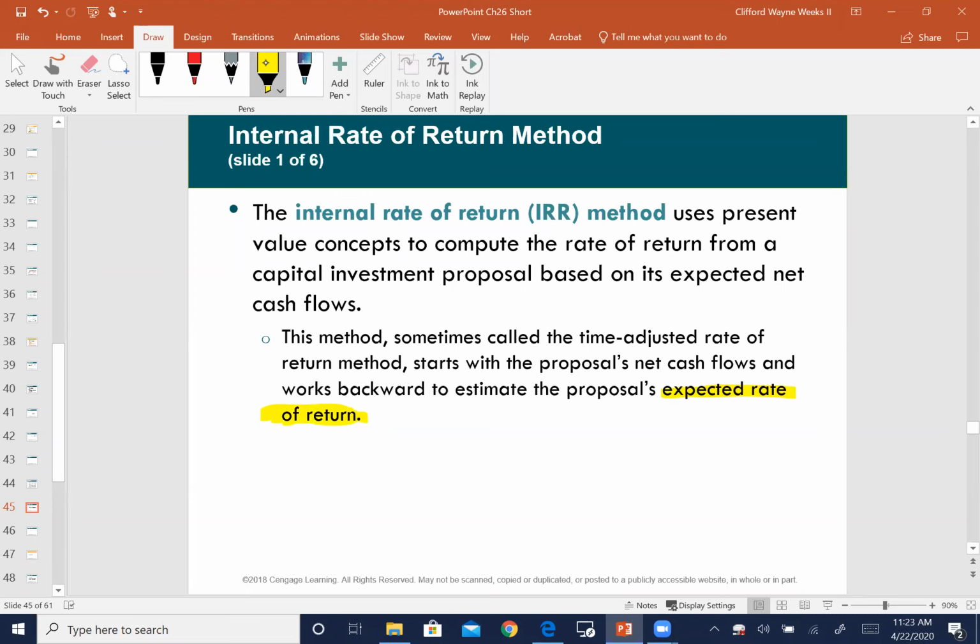We're going to know the present value and N, but we're not going to know I. So we're trying to figure out what the interest rate is, knowing that the present value and the cash flow are going to be the same.